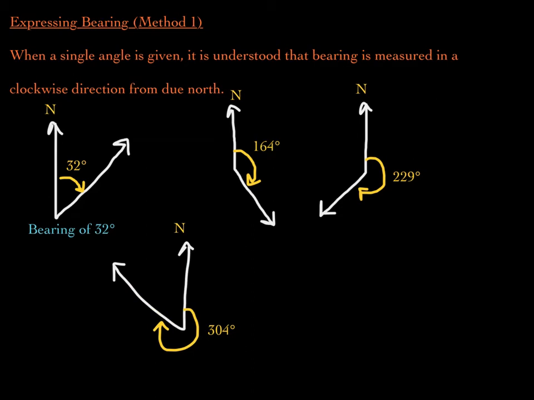The next one here is a bearing of 164 degrees. This next one would be a bearing of 229 degrees. Notice again that it's always from due north and opening clockwise. And then finally, a bearing of 304 degrees.